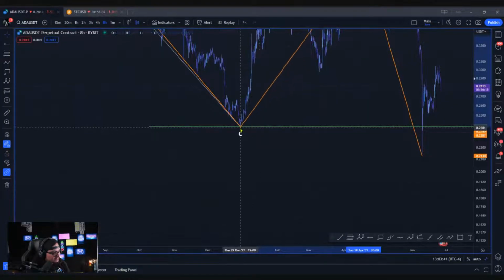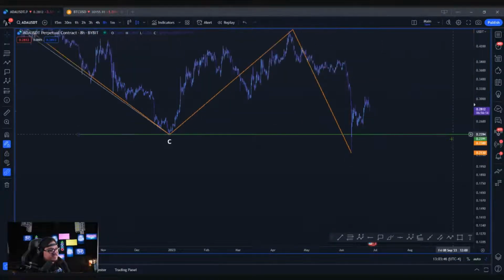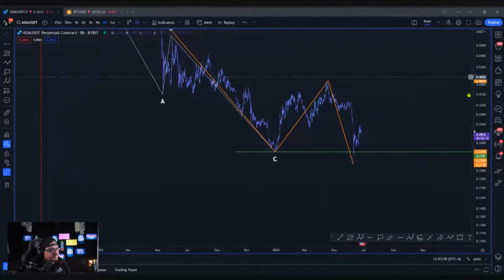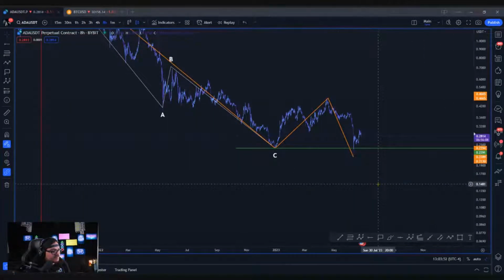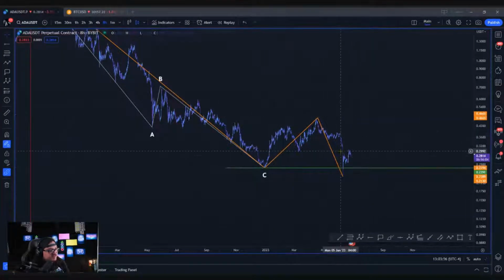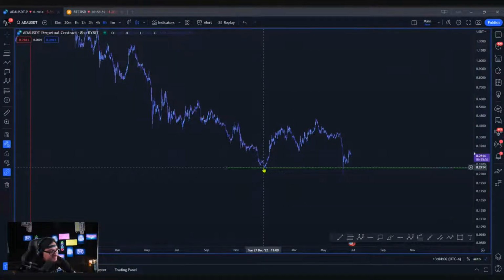So as long as we're above that, once we put in that lower low, that is going to be a potential bullish position for me. What it comes down to is when we're looking to see where this trade can go. Ultimately, I mentioned before, we have to look at areas of resistance. We're going to go into that once we zoom in a little bit further. But that's going to be the macro bullish setup, in my opinion.